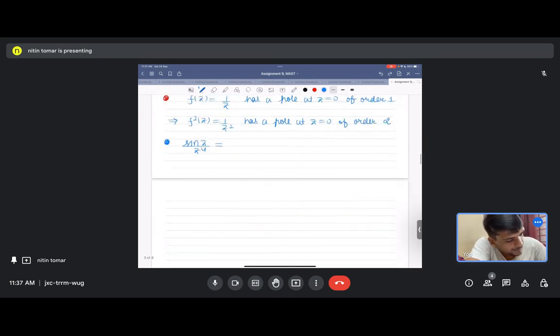Let us start. It can be written as 1 by z^4 times z minus z cube by 3 factorial plus z^5 by 5 factorial, and so on. If you solve it, you will get 1 upon z cube minus 1 by 3 factorial z plus z by 5 factorial.